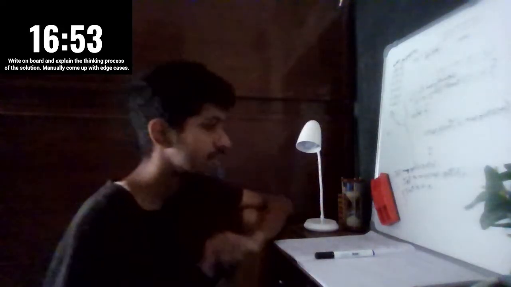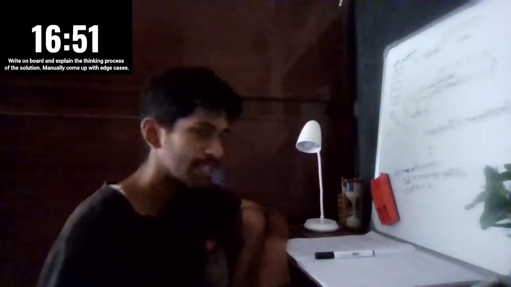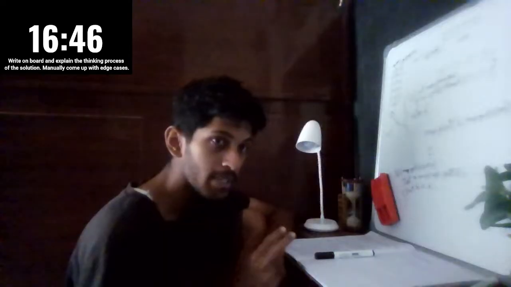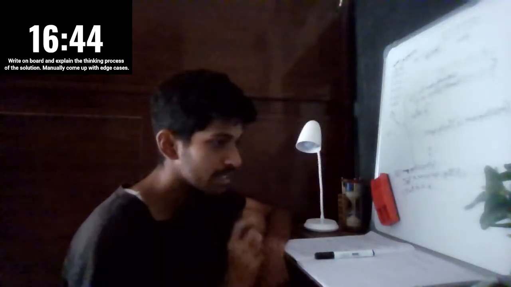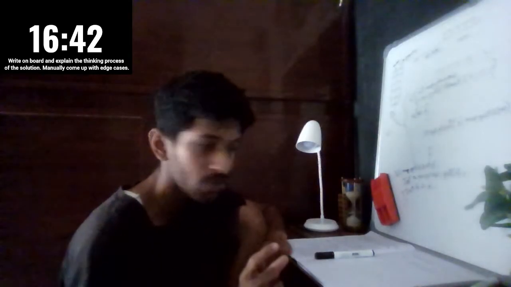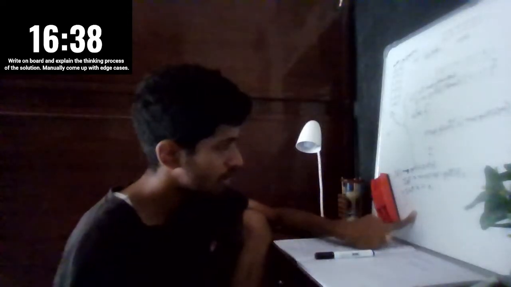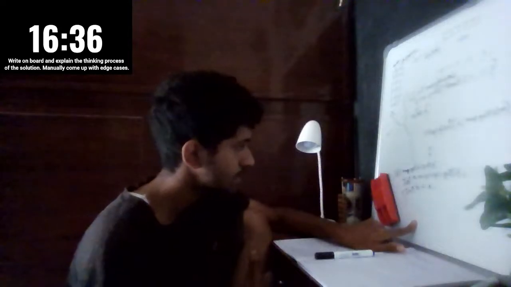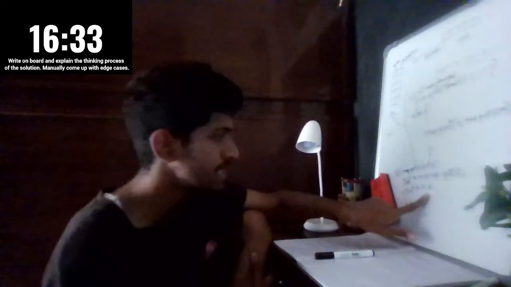Like 2 2 3 3 4 4 5 5 is the array. Then the answer would be, I mean, all the keys will have the same value. Then we have to store all of them. In this variable, we are storing the key.